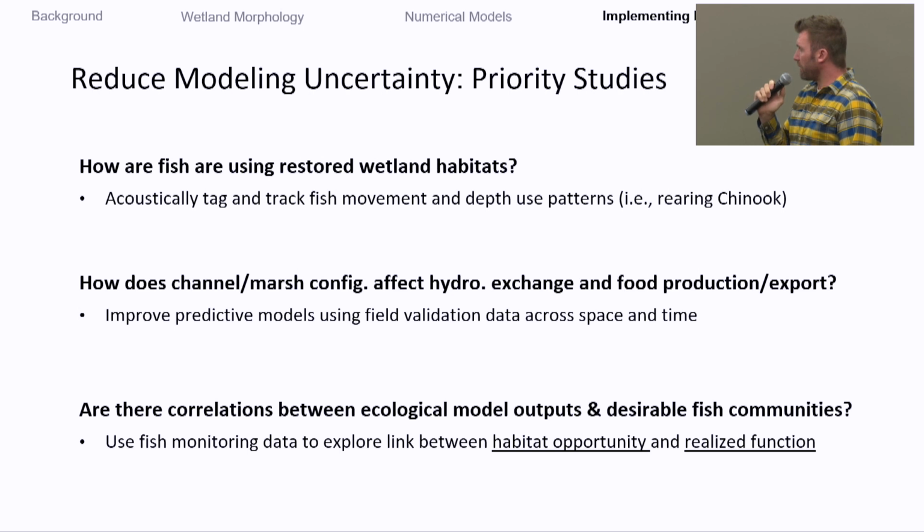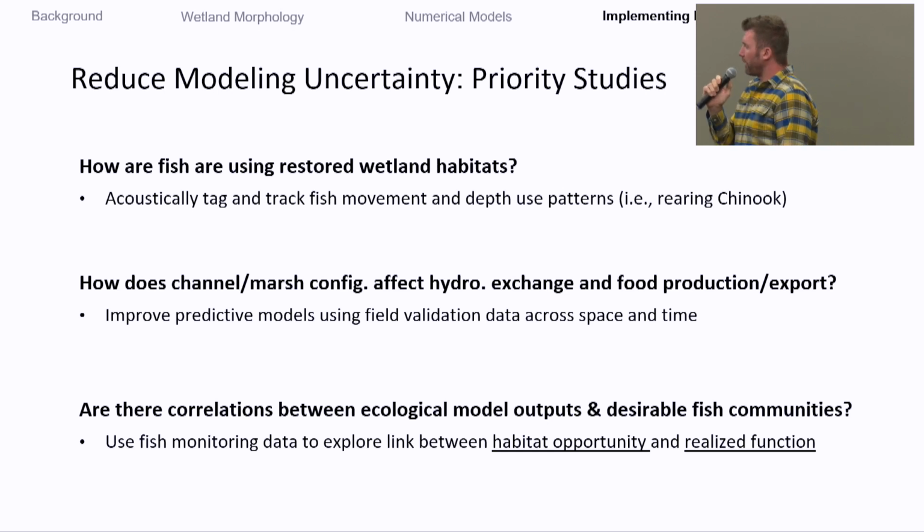And we could do that using things like rearing Chinook salmon. Secondly, how does channel and marsh configuration affect hydrodynamic exchange and food production and export? We could improve our predictive models, as Paul pointed out, using field validation data across space and time.